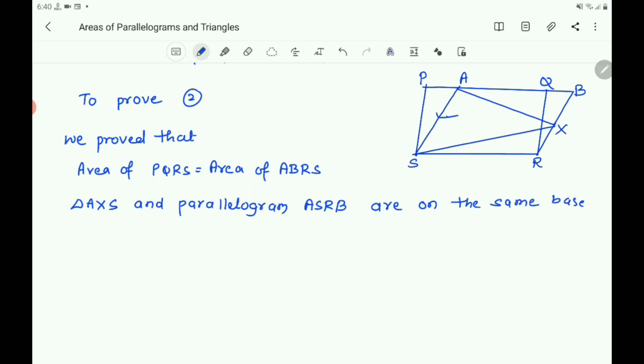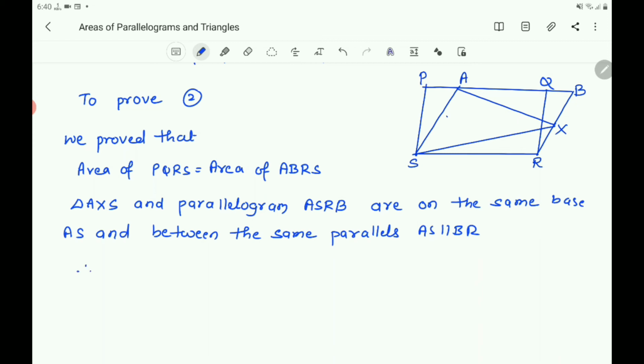Which base? AS. They are having the same base AS, and between the same parallels, AS parallel to BR. Here these two are parallel. They are between the same parallels.